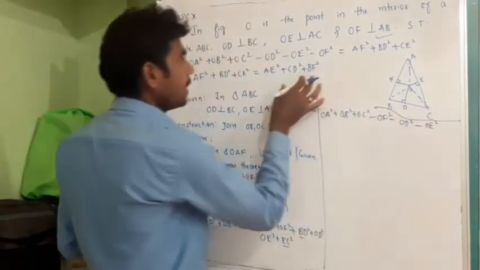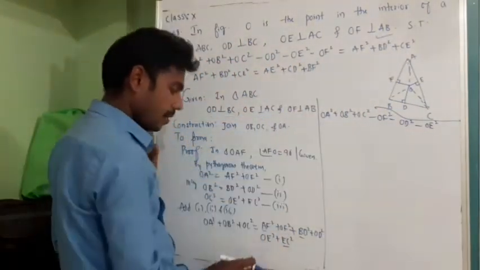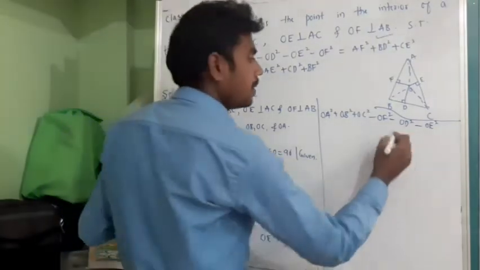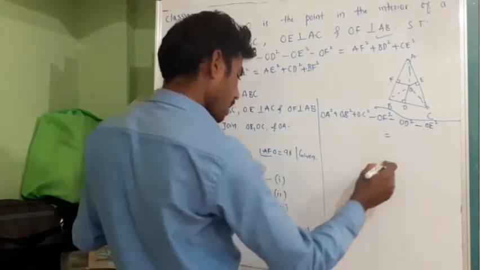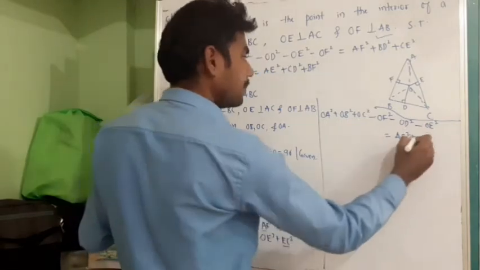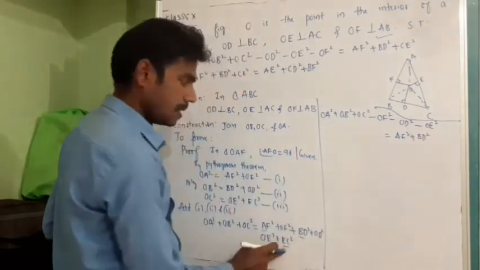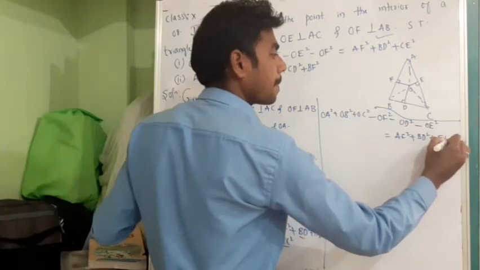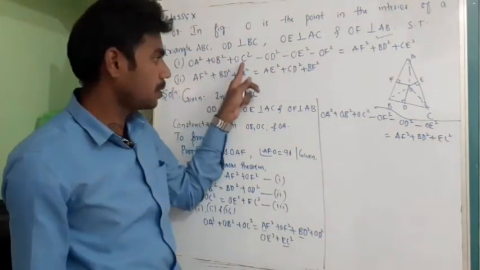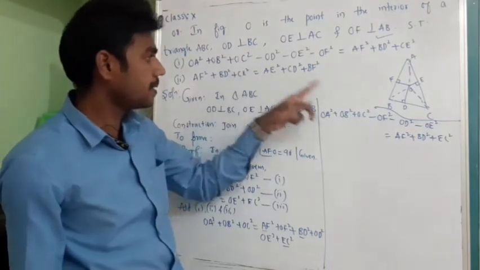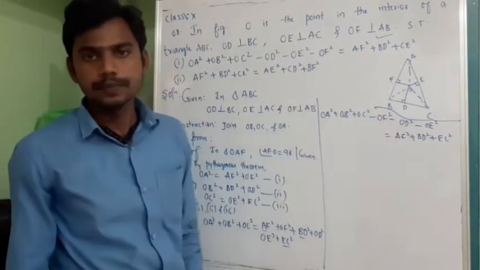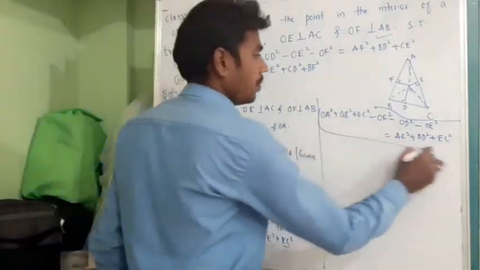I retain what is required on the right hand side, and the rest I transfer to the left. Which is equal to AF square plus BD square plus EC square. Fine, so we obtained it: OA square plus OB square plus OC square minus OD square minus OE square minus OF square is equal to AF square plus BD square plus EC square. Okay, this we have proved.